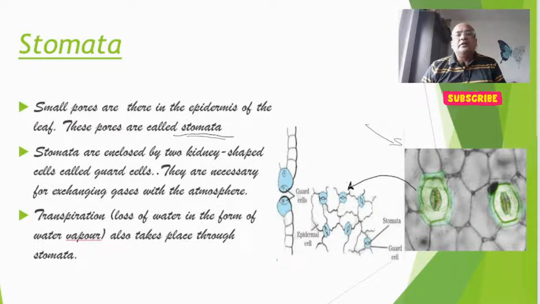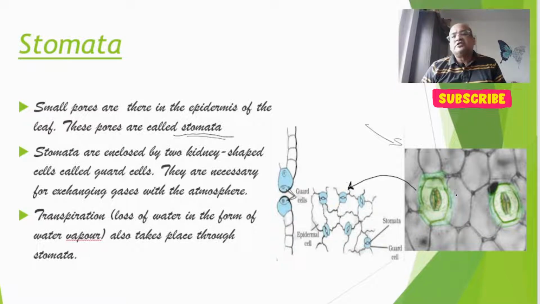Each stoma is enclosed by two kidney shaped cells called guard cells. They are necessary for the exchange of gases with the atmosphere.